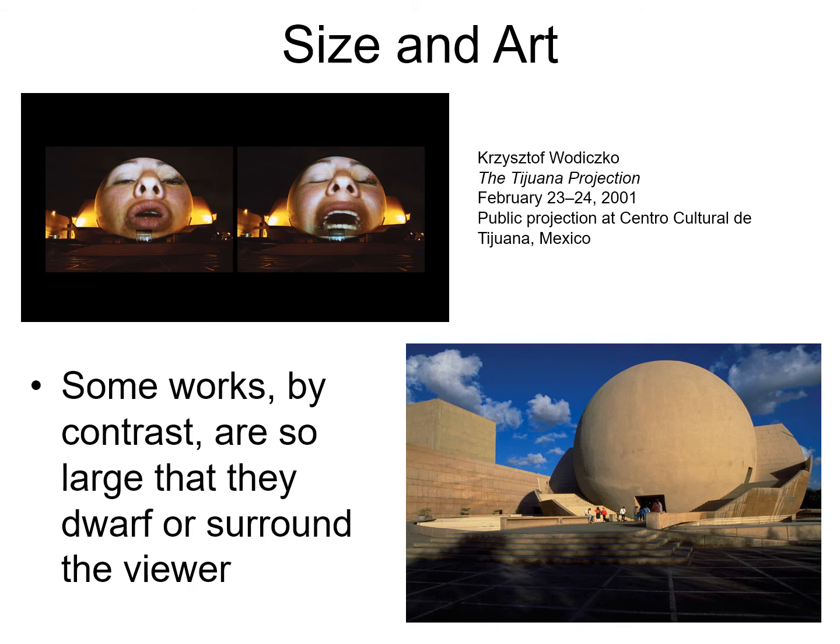On the opposite side of the scale, here we have the Cultural Center in Tijuana, and the artist, Krzysztof Wodiczko, created projections, this massive projection that was mapped onto the side of the giant sphere, which forms the main body of the architecture of the piece.